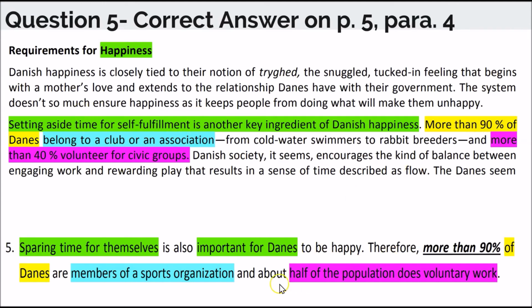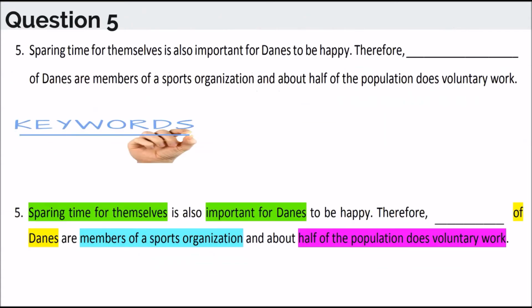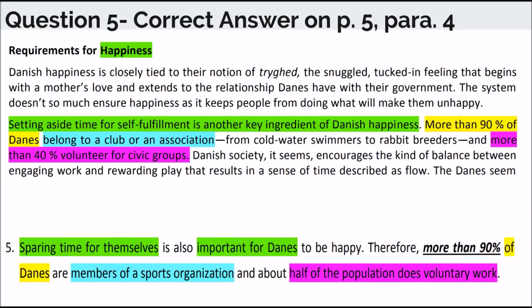And again, in the actual statement, it says about half of the population does voluntary work. We know that half of the population can be rephrased into more than 40%, as it is done in the actual text here. So now the only part that is missing in this question is this part, right? So for this part, we need more than 90% to complete the statement perfectly.